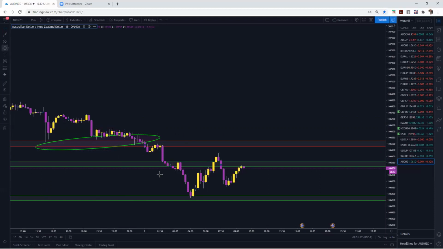Okay. So look, all of this right here is now resistance because price is below it. Once we get a full breakthrough, I know price came up above here, but it's still our resistance because we didn't get a full breakthrough and a retest.